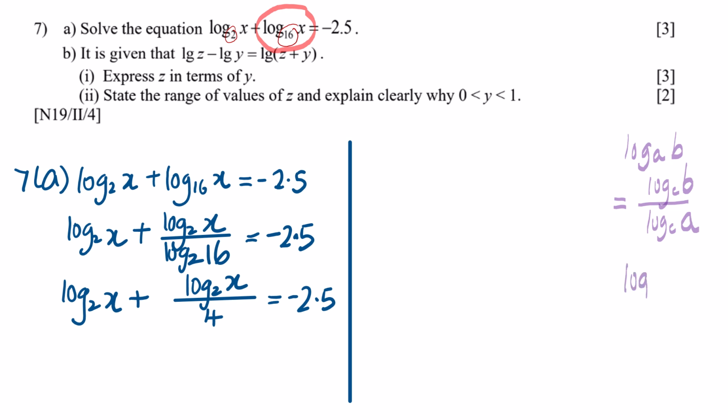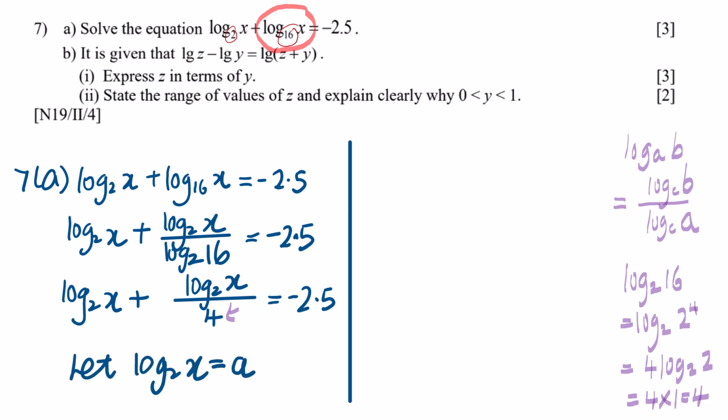Log base 2 of 16, 16 can be written as 2 to the power of 4. And then I can apply the power law by bringing the 4 to the front. Log base 2 of 2 will give you 1. So that will be 4 times 1 gives you 4. So that explains how I get this answer here.